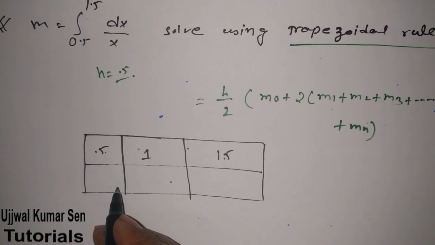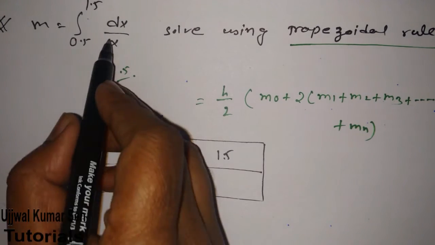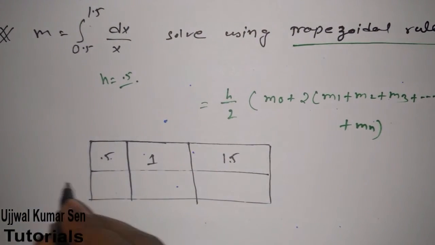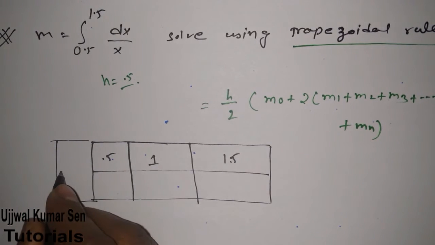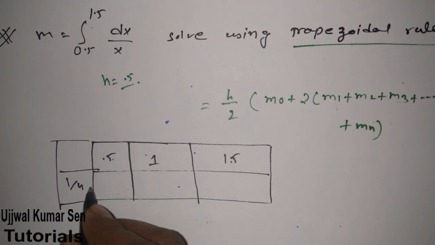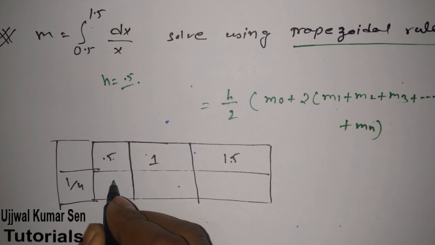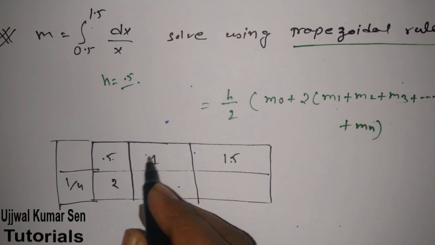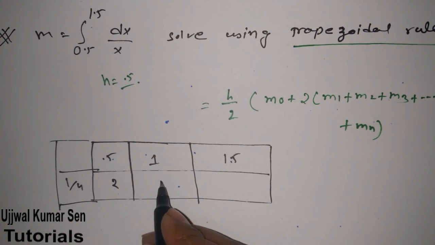Now if I put 0.5 in the place of x, how much value am I going to get? That is 2. If I put 1 in the place of x, then I will get 1.